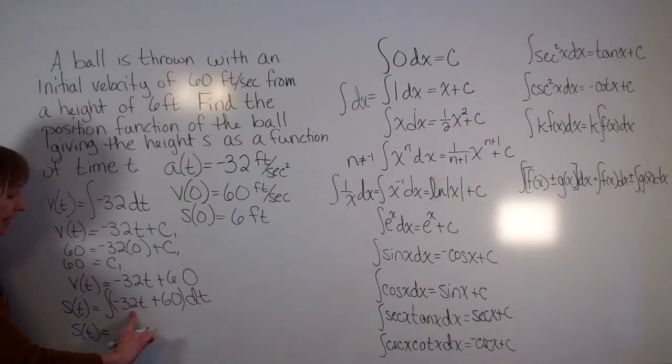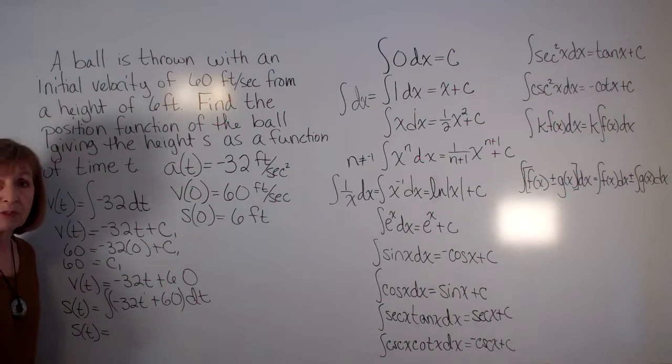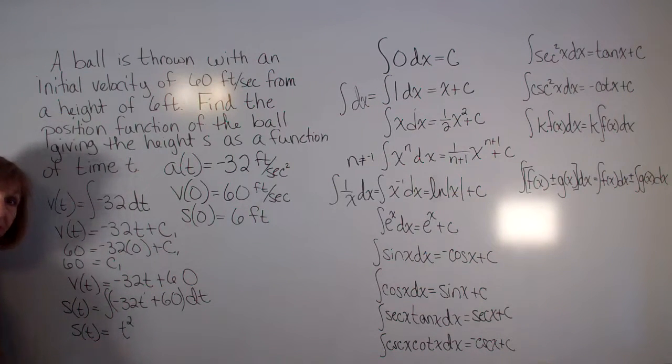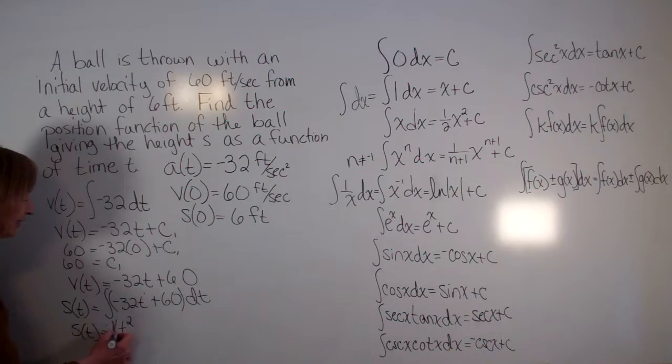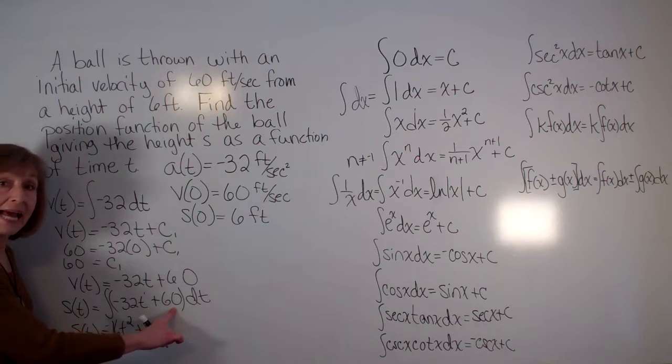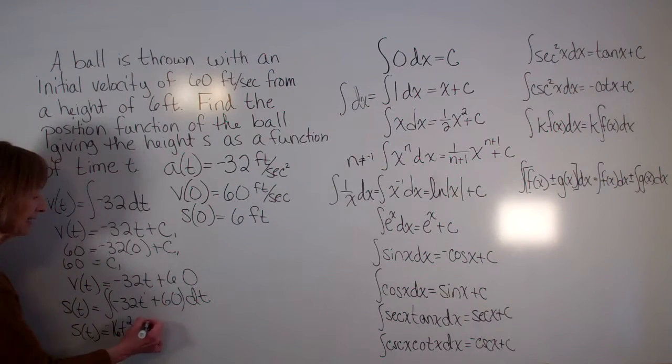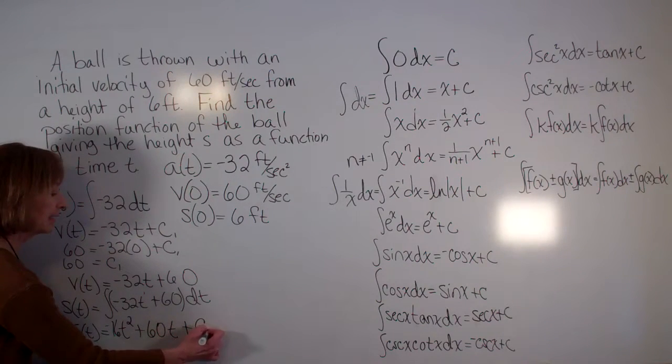This is a number, negative 32, times t to the first power. Letter base to number exponent, and my exponent's not negative 1. We'll add 1 to the exponent, divide by that. So I have t to the 1 plus 1 is 2 power, and negative 32 divided by 2 is negative 16. And then plus the integral of a constant term with respect to the variable t is that constant, 60 times t, and then plus c sub 2.